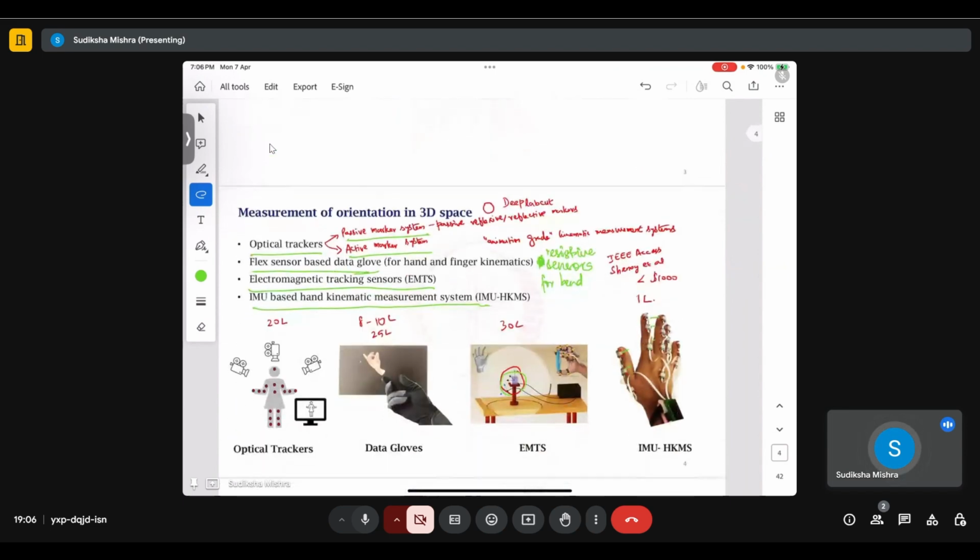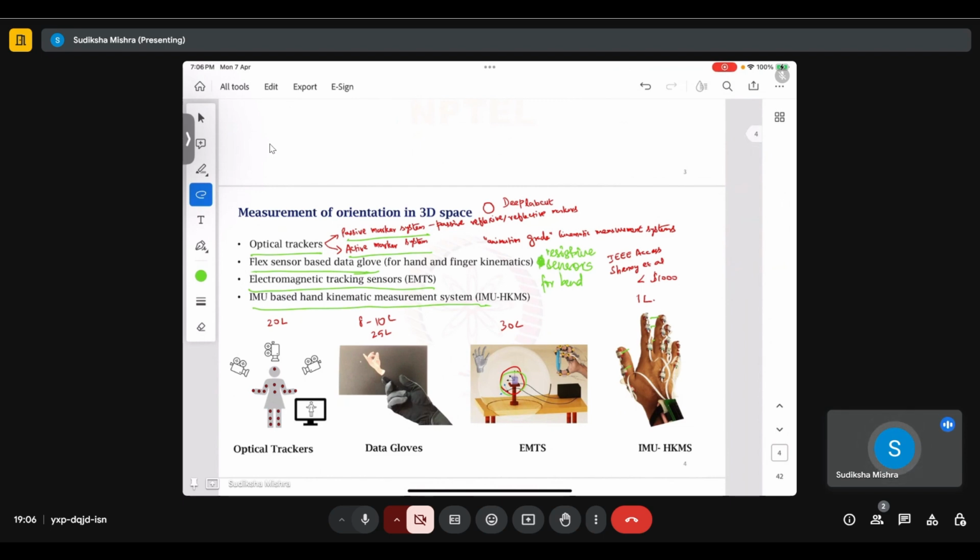Now, coming to the methods that are used to measure the orientation in 3D space, there are four major methods. Optical trackers, which are essentially sticker markers that are placed throughout the object, and then the motion is tracked.